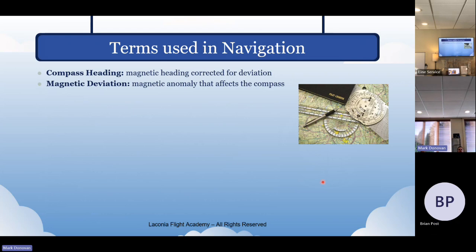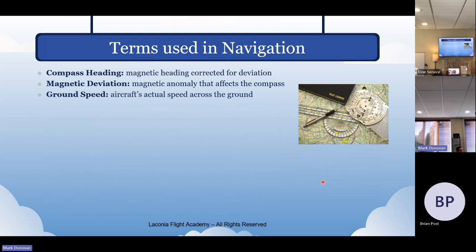The magnetic North Pole and the true North Pole don't line up with each other, so you could get some anomalies when you're reading the compass from that perspective. But also, metal in the plane, radios, and other types of electromagnetic or metal interference can cause the compass to have some variation.